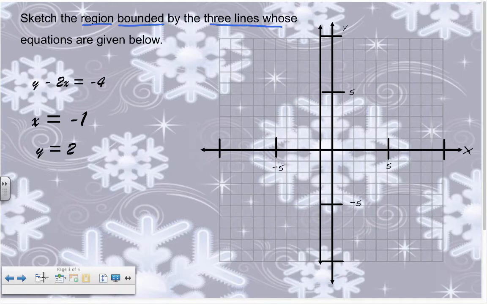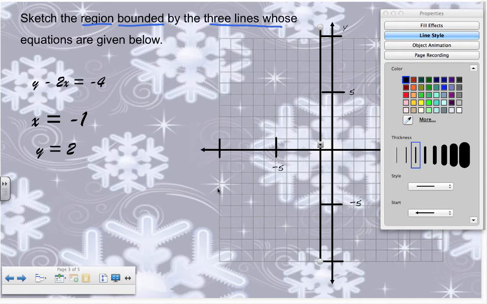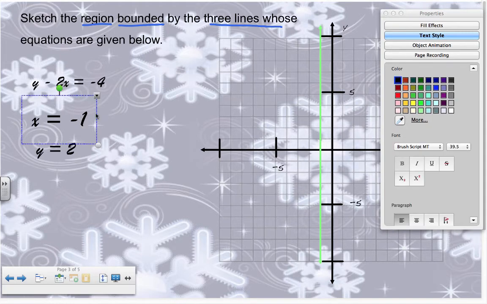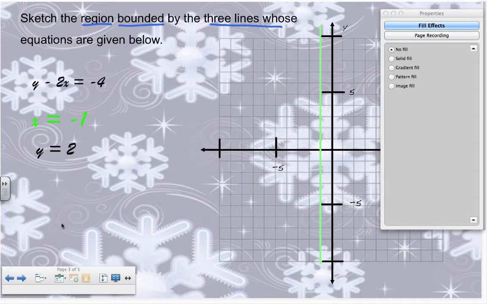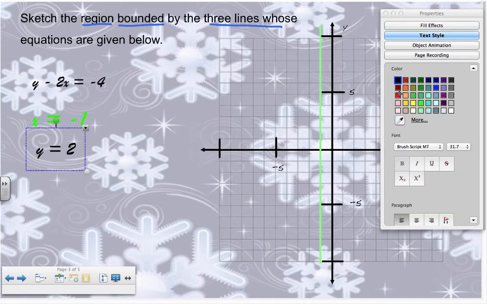And I'm going to change the color of that. Let's make it something that'll stick out. Ooh, that looks nice. And then I'm going to come over here and change this color so that they match. All right, next line, y equals 2. Well, let's change that to, how does bright yellow sound? Ooh, that looks good.